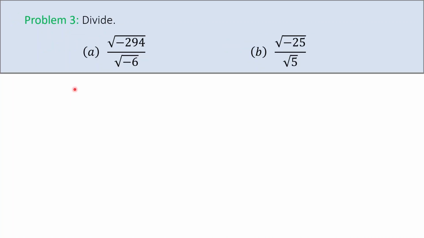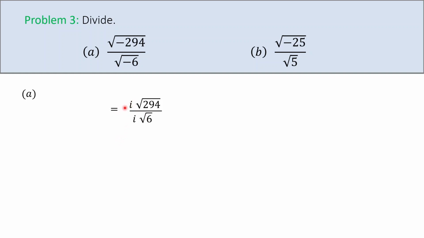Now we are going to divide imaginary numbers. This is equal to, write this imaginary number in terms of I. This is I square root of 294 divided by, this is equal to I square root of 6.